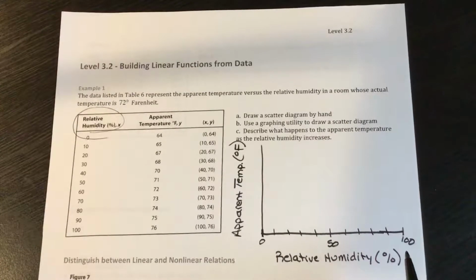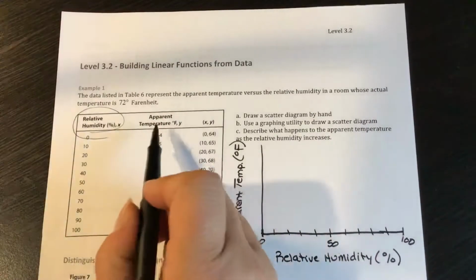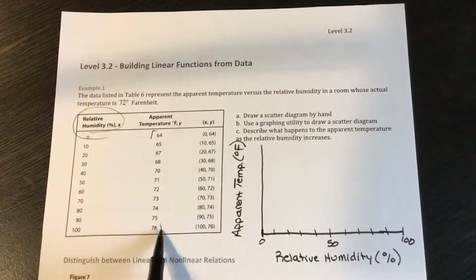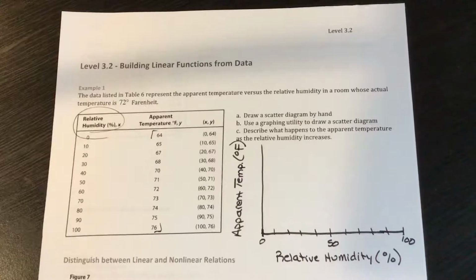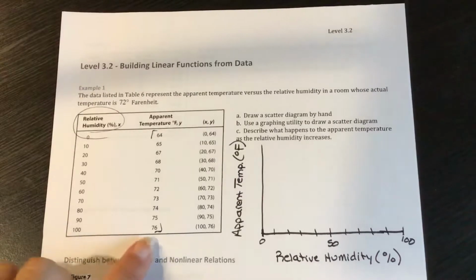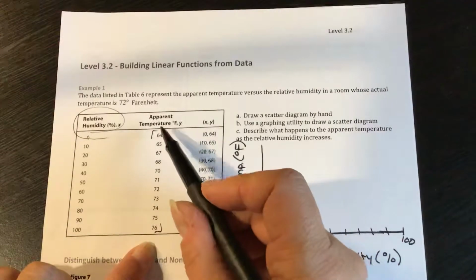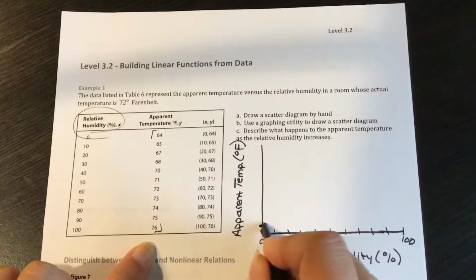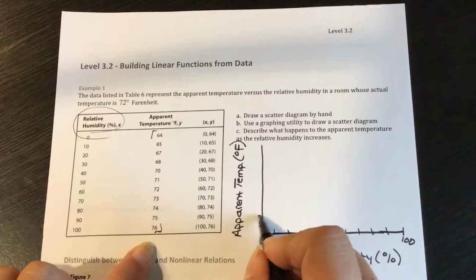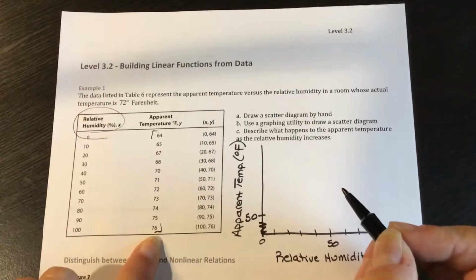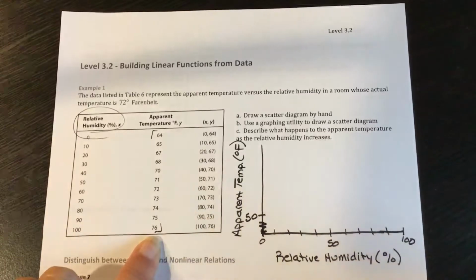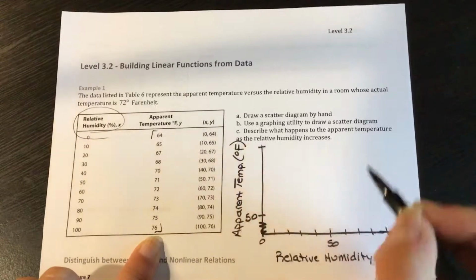And on my y-axis, we can see that our range values go from 64 to 76. So do I have to start at 0? I do not. But maybe I'll have a little broken line here. Maybe I'll start at 50, and I need to go up to at least over 76, so maybe I'll go from 50 to 80.